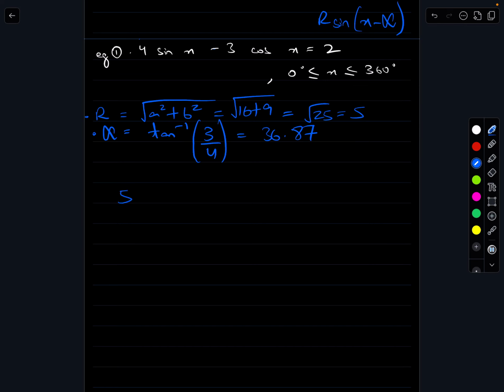So r is 5 sine x. We had a minus here, and in case of sine, minus goes with minus, plus goes with plus, and we have 36.87 is equal to 2, which was on the other side and remains as it was. We'll simplify this and solve this as a simple trigonometric equation.